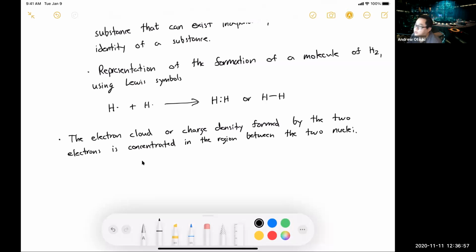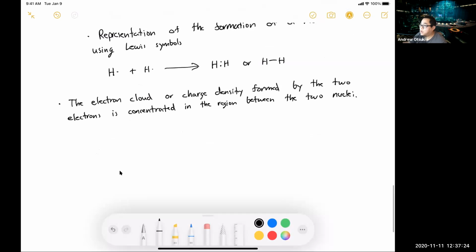We also call this the interatomic axis, because that's where the electron density, or charge density, the electron cloud, is going to be concentrated, because we formed a chemical bond. So now the electrons are not only attracted to the nucleus of one atom, they're actually attracted to both of the nuclei of the atoms that compose the chemical bond.